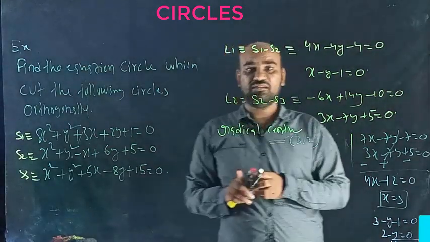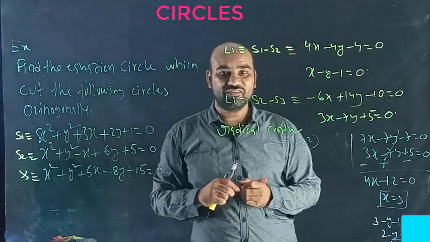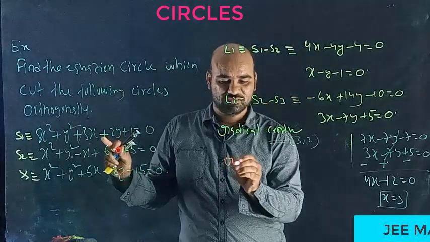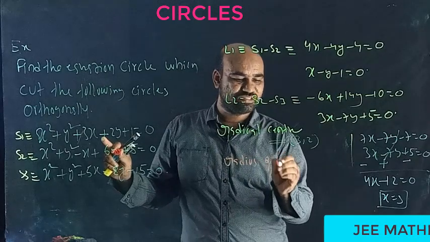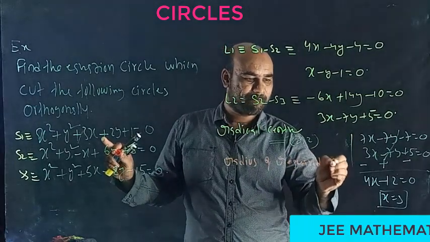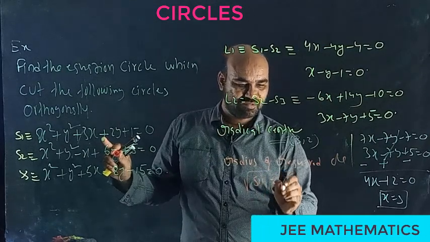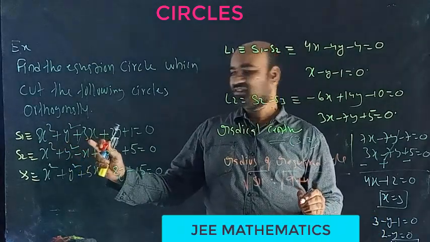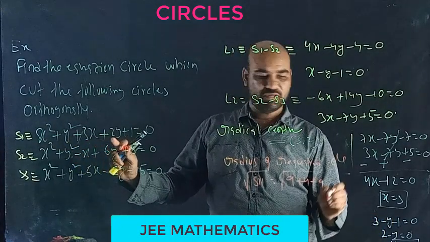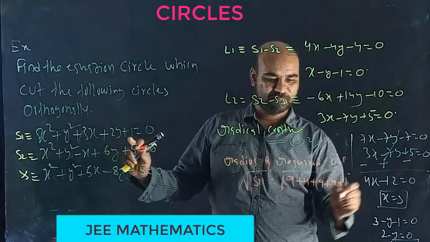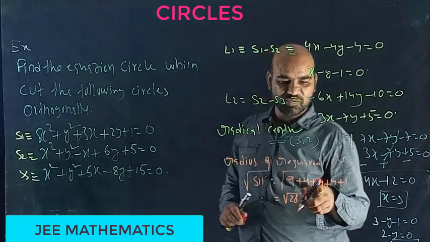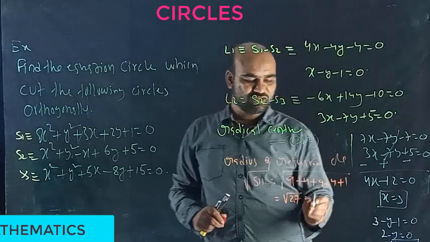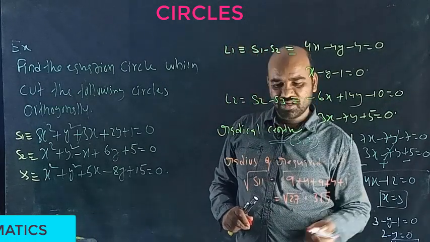Now we want to find the radius of the required circle. That is the length of the tangent drawn from 3 comma 2 to any one of the circles. Taking the first circle, the radius of the required circle is the square root of S11, which is root of 3 squared 9, plus 2 squared 4, plus 3 plus 9, plus 4 plus 1, which gives 27. 27 means 9 threes, so the radius is 3 root 3.